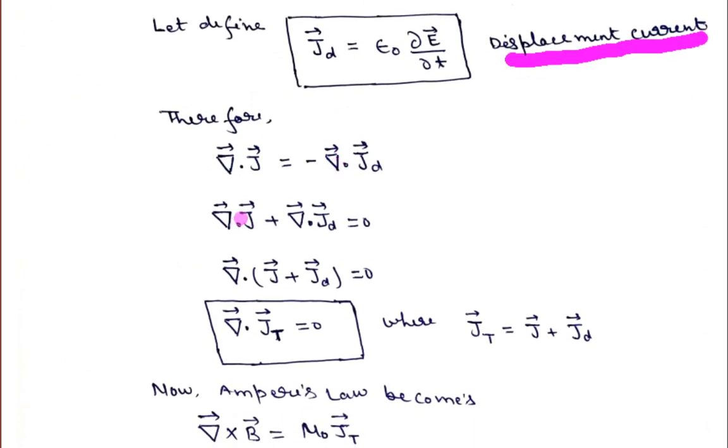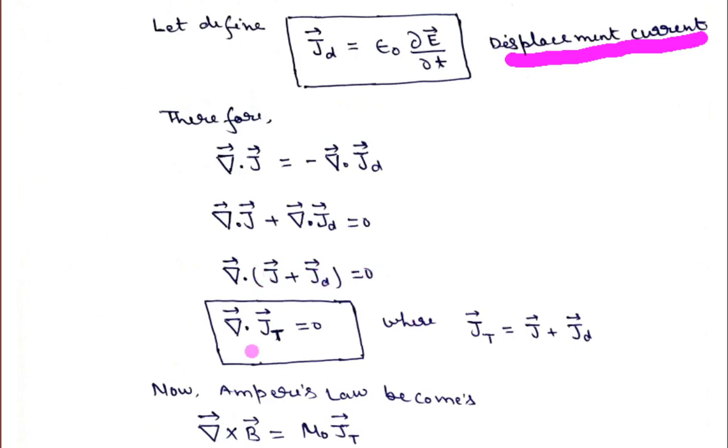So we can write divergence of J plus divergence of JD is equal to 0. Because both are divergences, we can take the divergence outside: divergence of J vector plus JD vector is equal to 0.